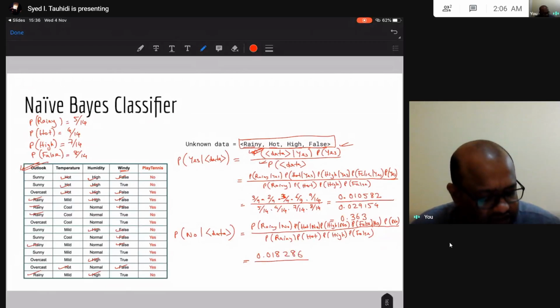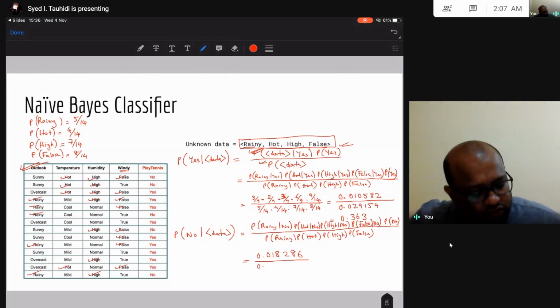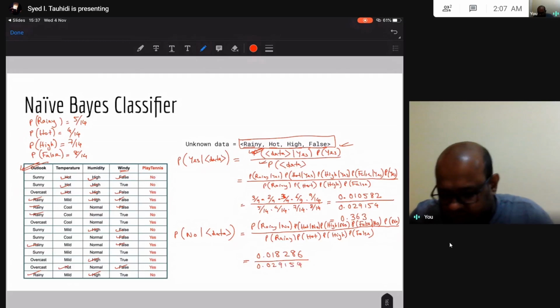The denominator did not change, and this is important. The fact that the denominator did not change is going to matter, and we are going to talk about that soon. The denominator is 0.029154. So let me do this division. The previous equation turned out to be 0.363, so this is going to be 1 minus 0.363, right?